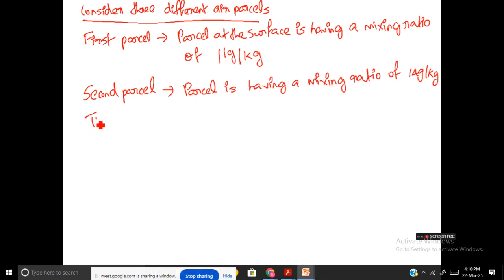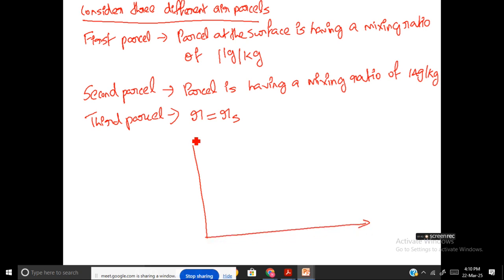Now the third case, for the third parcel, the mixing ratio of the parcel at the surface itself is equal to its saturation mixing ratio, which means the parcel is already saturated. At the surface itself, the parcel is saturated. So how will the respective profiles for these parcels look like?